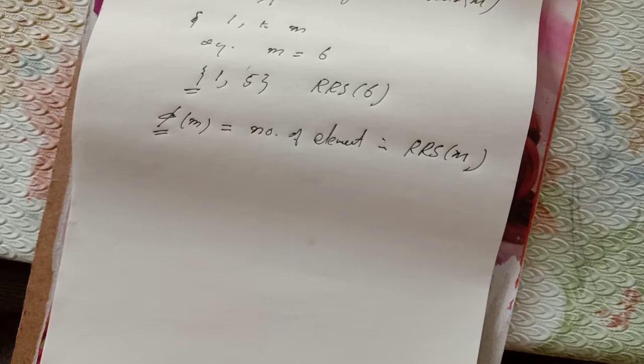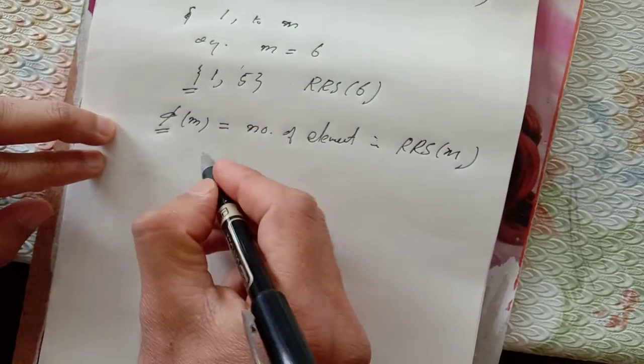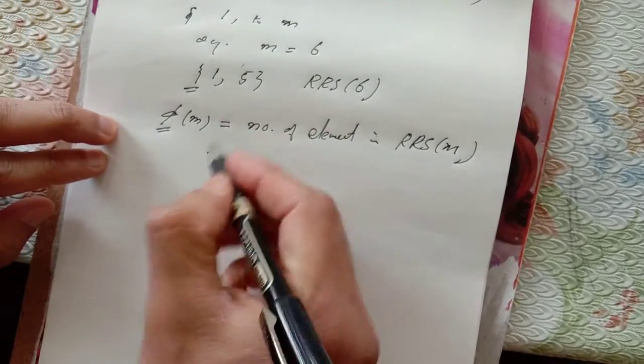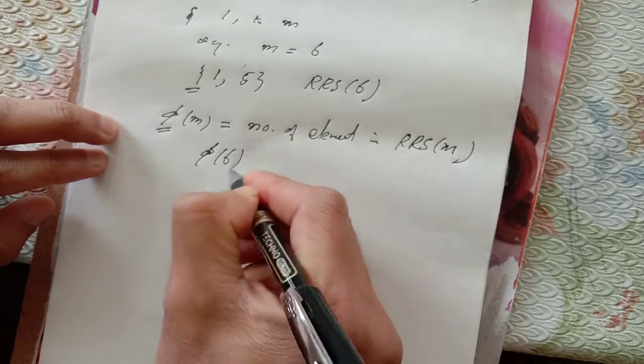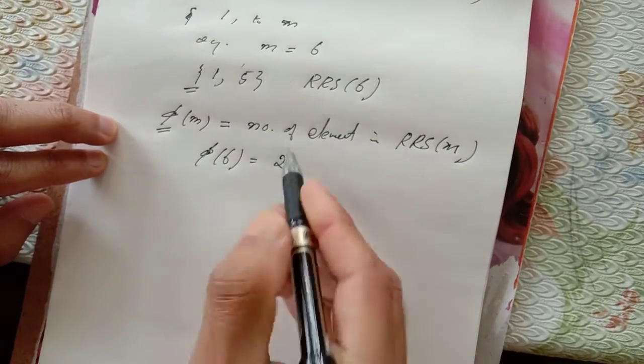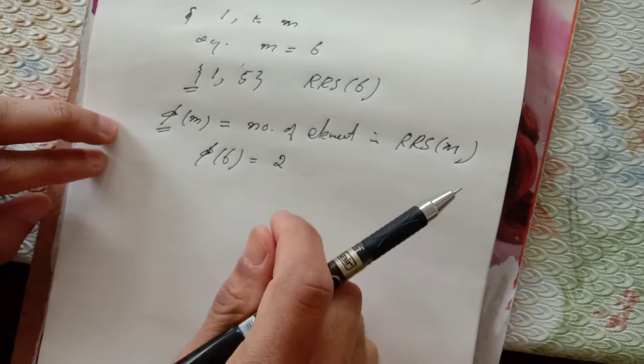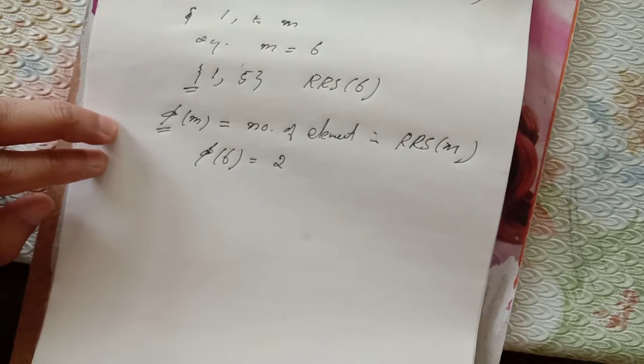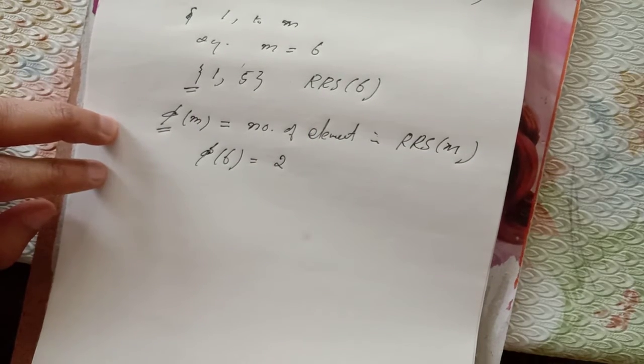In simple terms, it is the number of elements from 1 to m which are relatively prime with m. For example, as we have seen above, for m equal to 6, phi of 6 is equal to 2, because there are only two numbers which are relatively prime to 6 between 1 and 6.